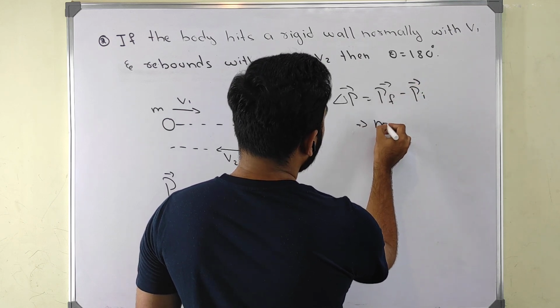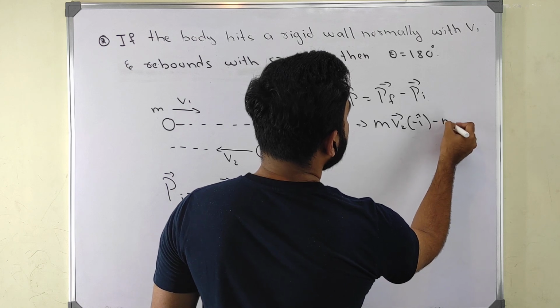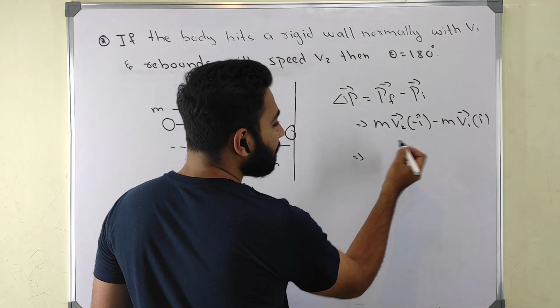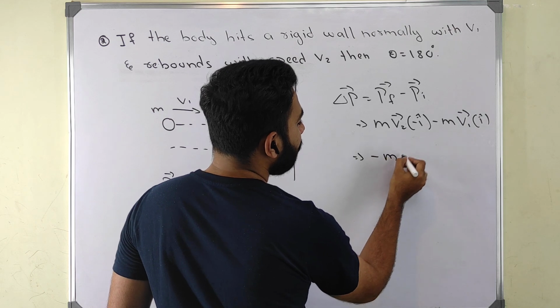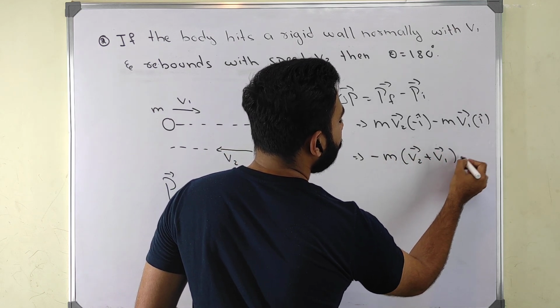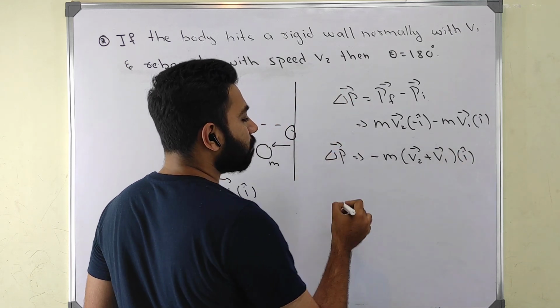Final momentum, which is minus m v2 i cap, minus m v1 i cap. So from this I get minus m times (v2 plus v1) i cap. It is our change in momentum.